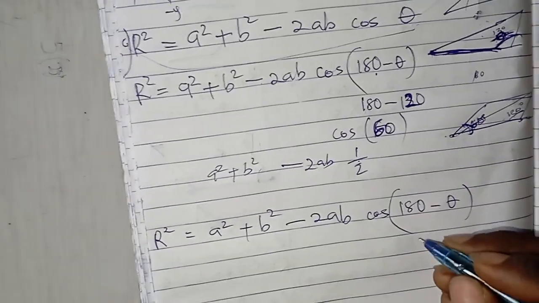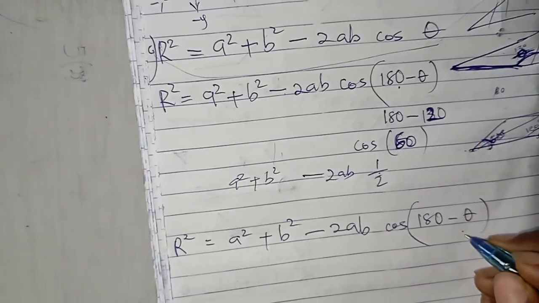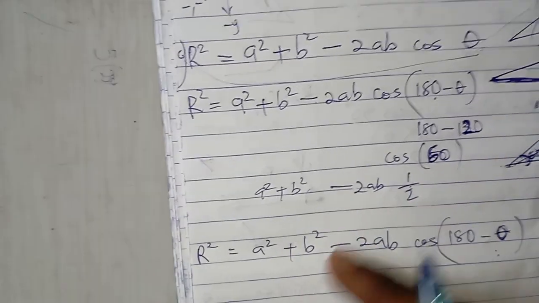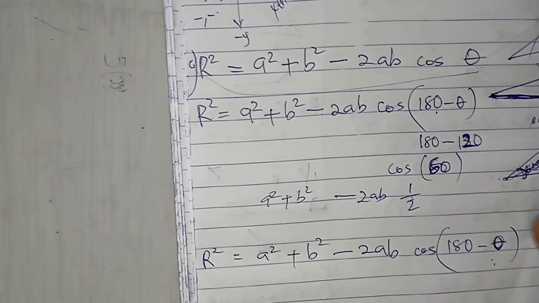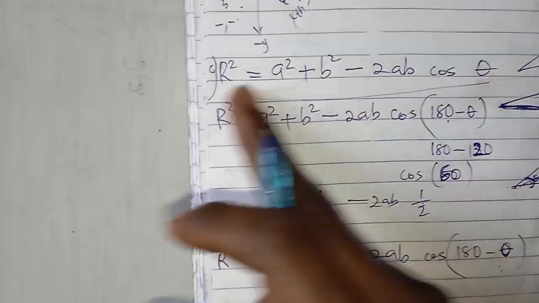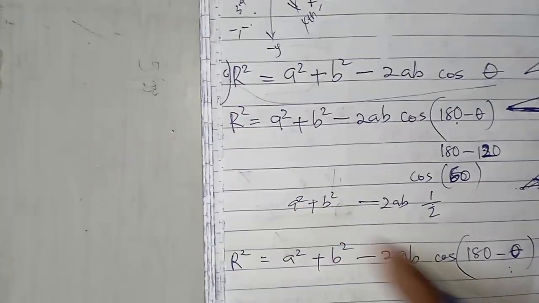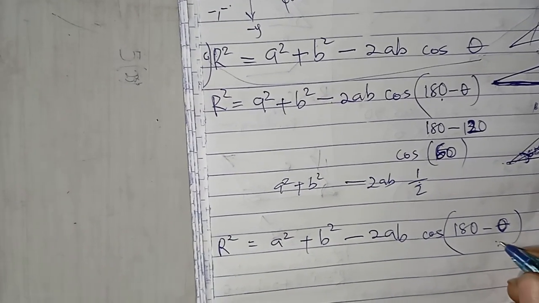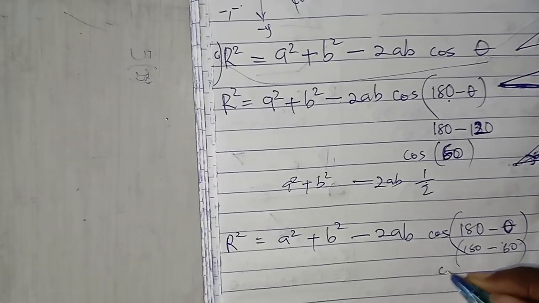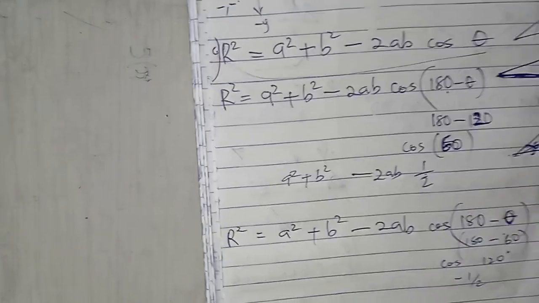The angle you're supposed to put here is this one, in order to have the same thing as your cosine rule. But let's say you forgot and did 60 minus 180. Then you have cos 120, and notice that cos 120 is minus half.